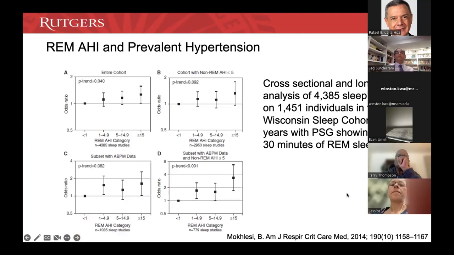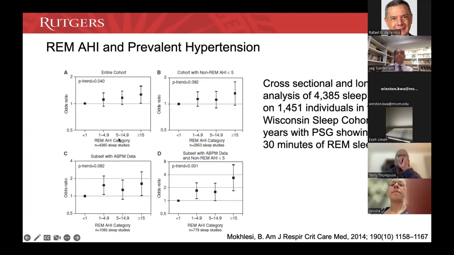When you look at the data that is available for REM-AHI and prevalent hypertension, there is suggestion that this is actually an association, because when you look at data from, again, the Wisconsin sleep cohort of over 4,000 sleep studies from about 1,400 participants, and this is 24 years of follow-up, you see that the odds increases as the REM-AHI increases.